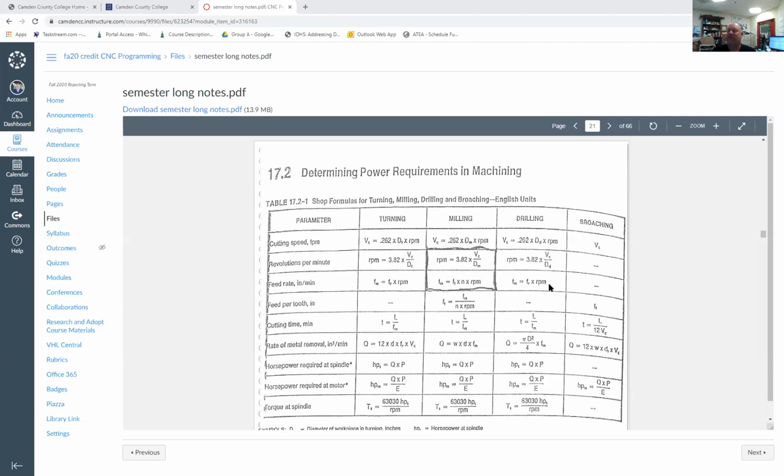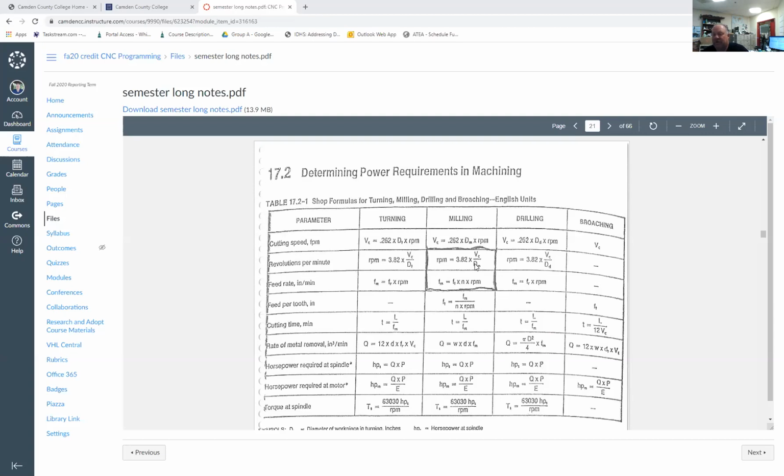But we take it one step further for the understanding of what diameter they are talking about. So right now we've been focused on milling applications, so we'll stick with milling applications. Okay. So when you're calculating RPM, we need to know VC, and we need to know the diameter of our tool.